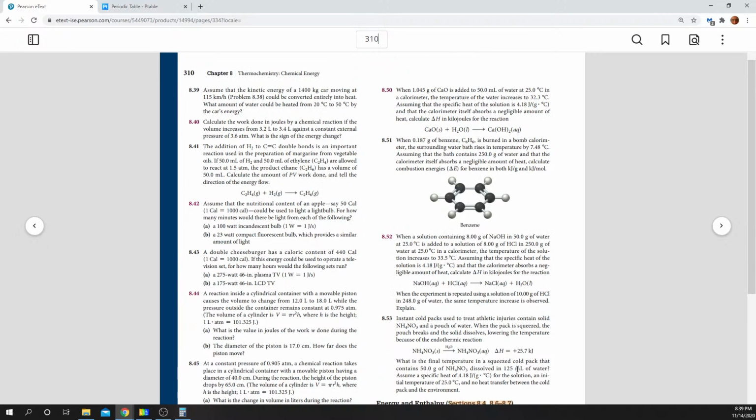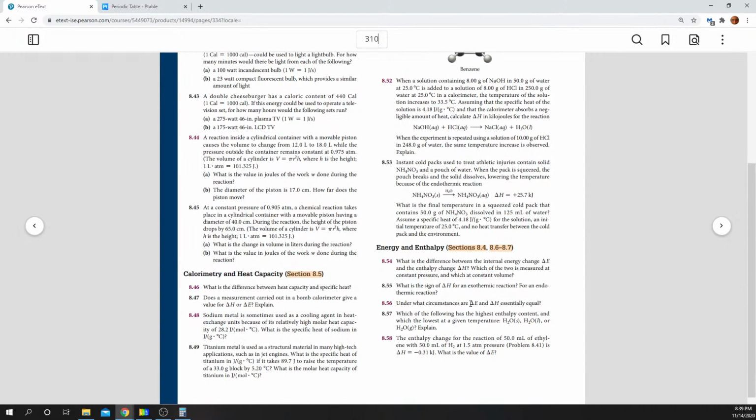You're combining two gases and you're going to end up with one gas, so the volume is going to go down. You have 50 mL of ethylene and 50 mL of hydrogen. You react them together and the final volume is going to be 50 mL, so your volume is getting cut in half. Oops, gotta remember to turn this on.